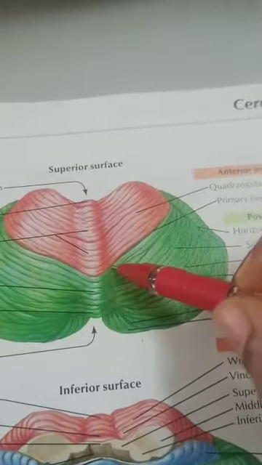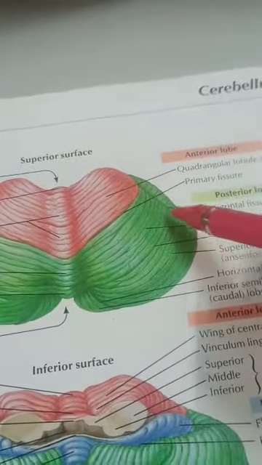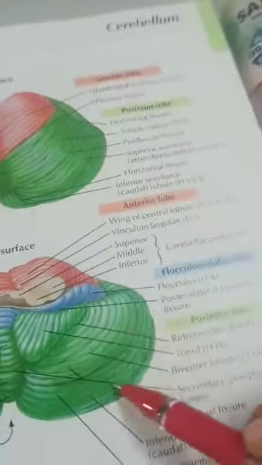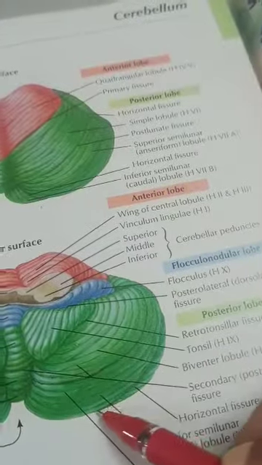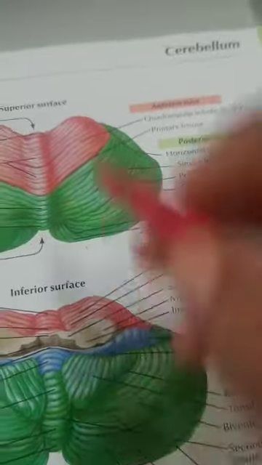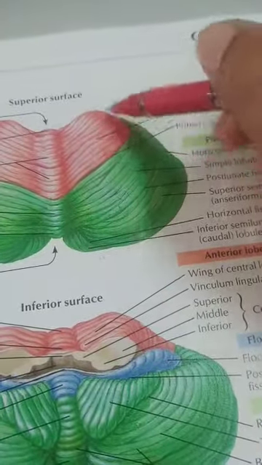Mainly these are the fissures: the primary fissure or fissura prima, then the horizontal fissure, and here the posterolateral fissure. It divides into three lobes. This is the anterior lobe.